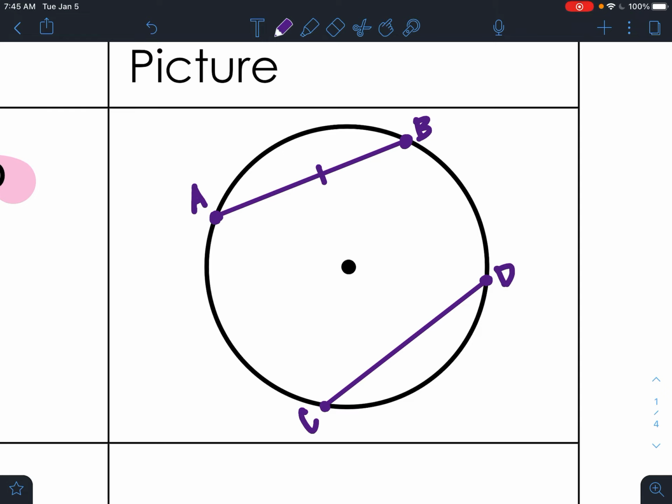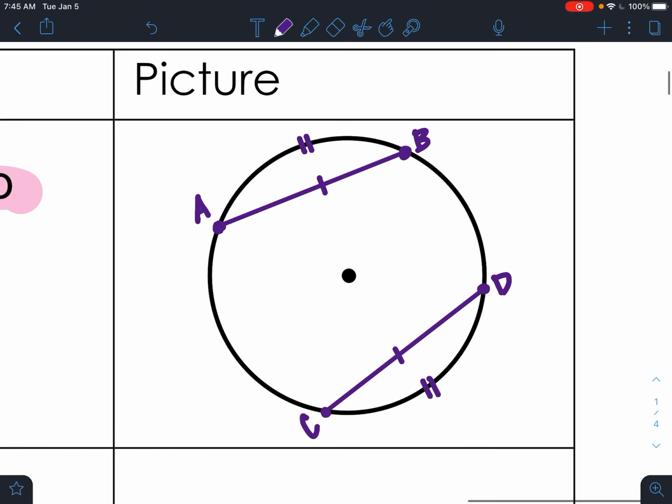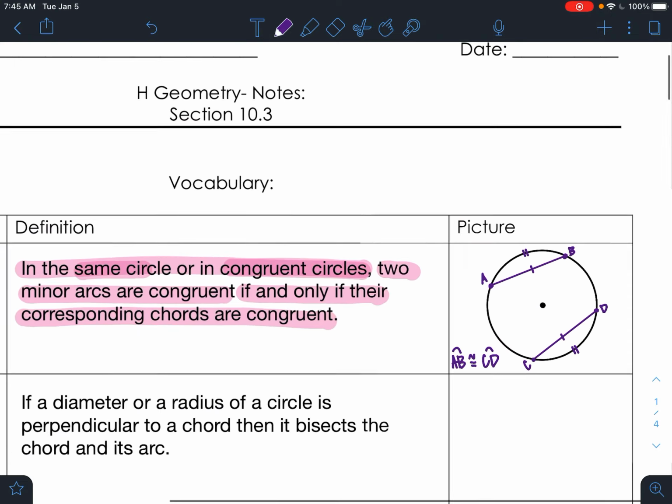And what we know is that AB and CD are congruent. So what this theorem is allowing us to conclude is that if we know that those chords are congruent, then we know that these arcs are congruent. So I could say that arc AB is congruent to arc CD.